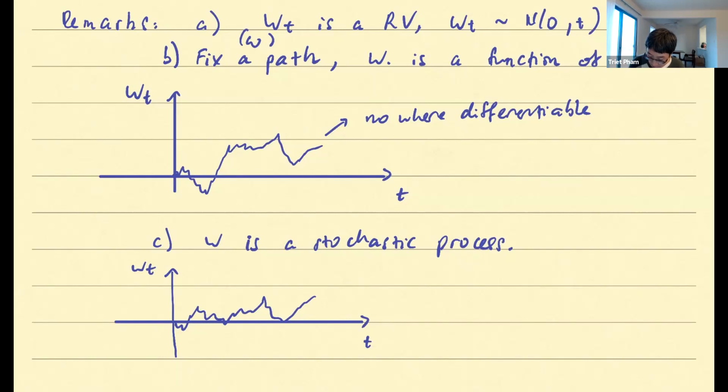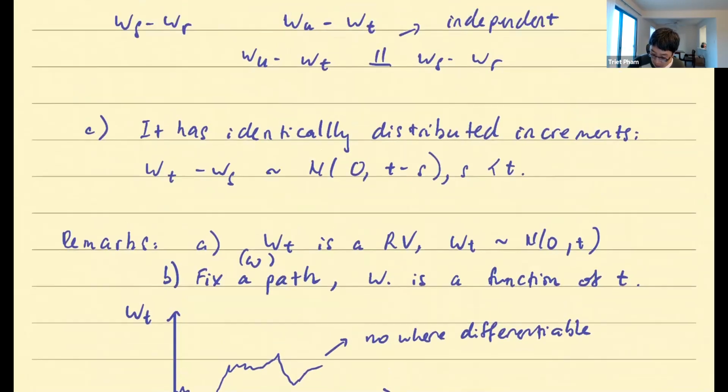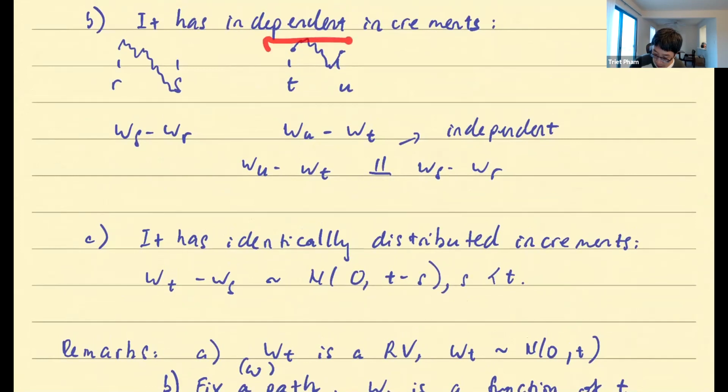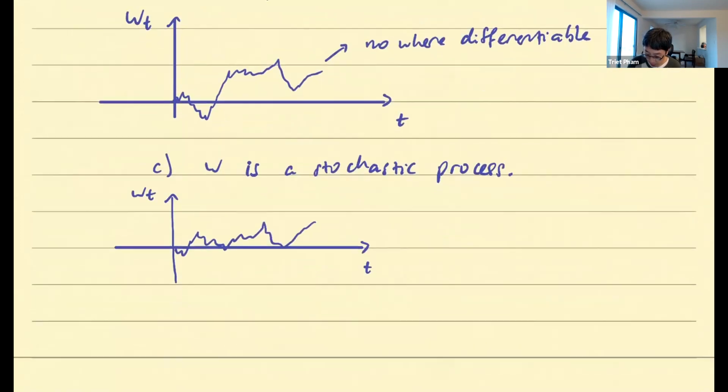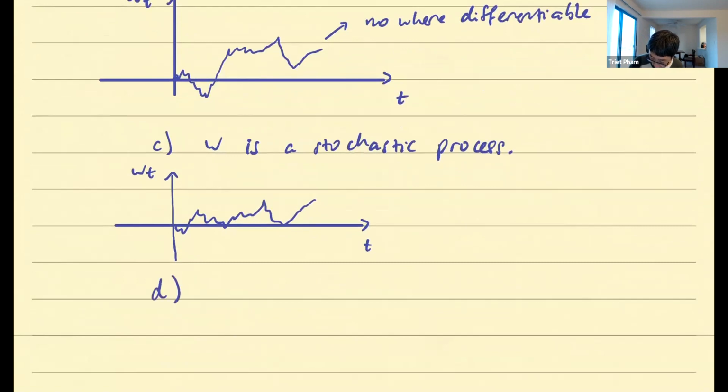What else? The independent increments property also has an interesting implication. Suppose you have the point S, and let's say you have a T here, and let's say you have R here.